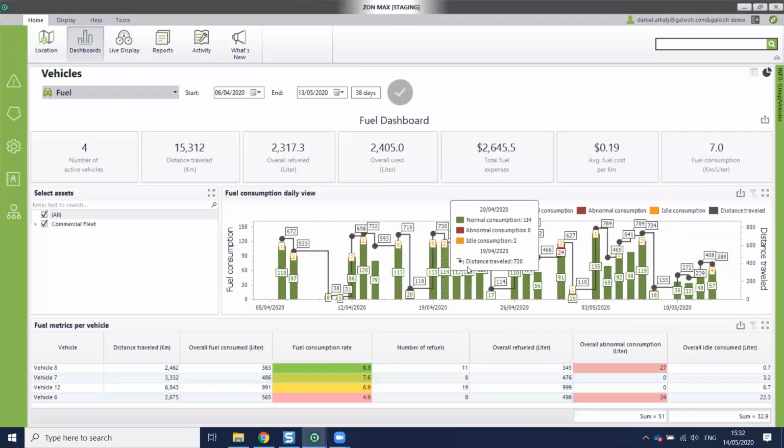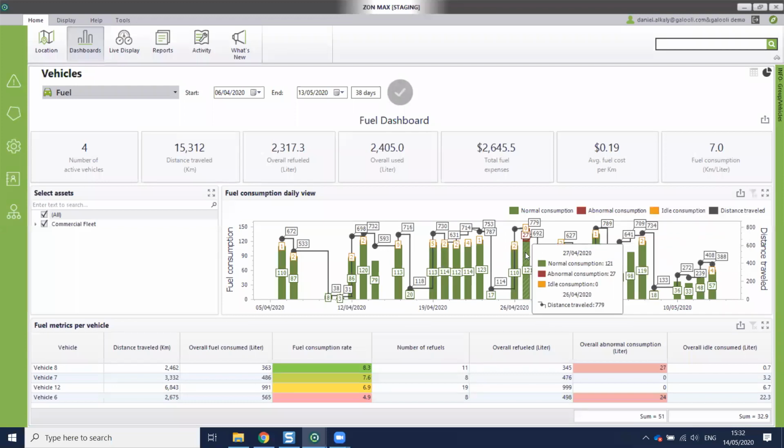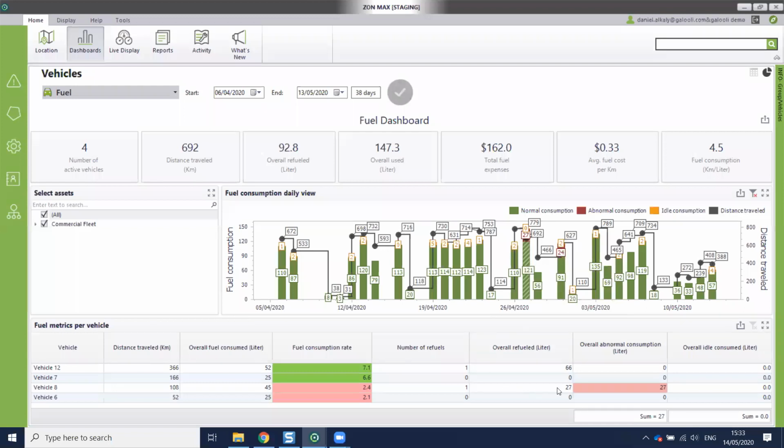If I want to take a look at this dashboard here, just to understand where this came from, we see that 27 liters were consumed by vehicle 8, and this was abnormal consumption. I'm not sure if this answers your question. However, this is a month of information.